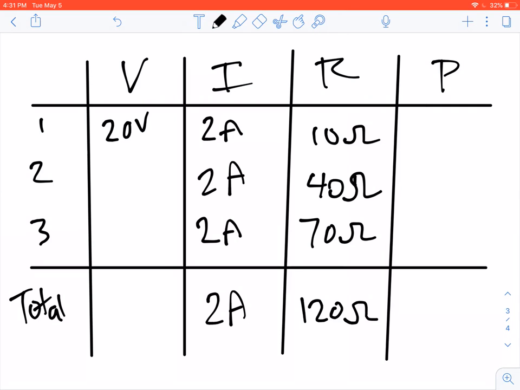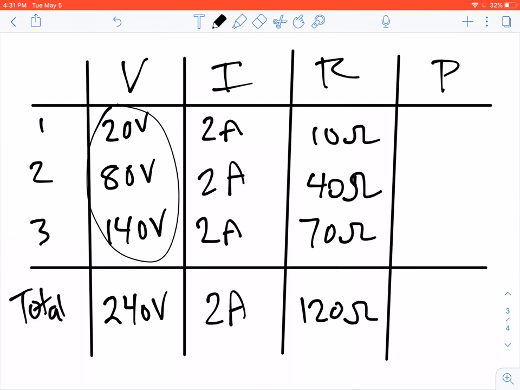And then 2 amps and 40 is 80 volts. 2 amps and 70 is 140 volts. And let's see, we're going to have 240 volts, which I can get either vertically by adding these together or horizontally by multiplying those.